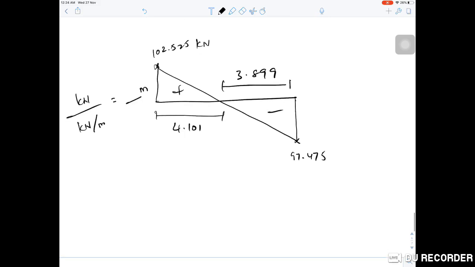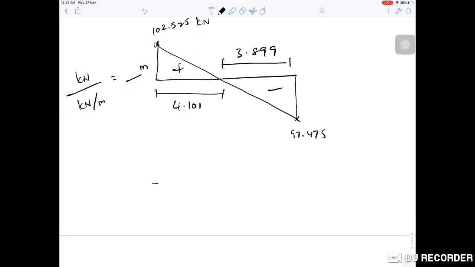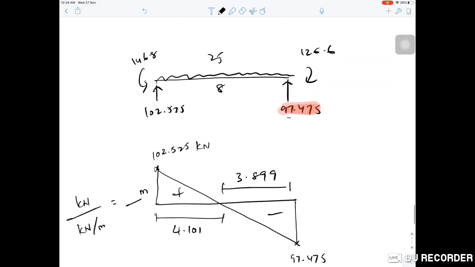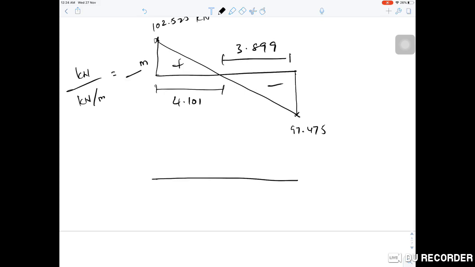So using the shear force, we can draw the bending moment diagram. Okay, the first moment value is negative 146.8. It is negative, so the diagram starts with 0. 0 plus negative 146.8 is negative 146.8 here. Okay, we need to add this area.